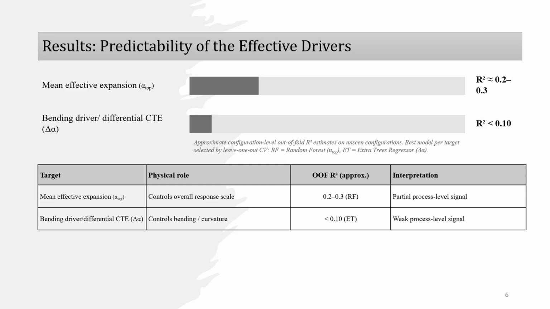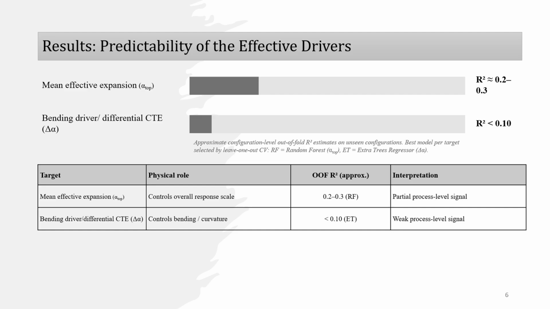In practical terms, the nominal FDM parameters contain some information about the average effective expansion behavior, but the prediction is still far from complete.